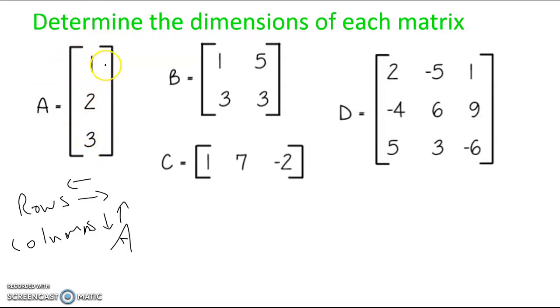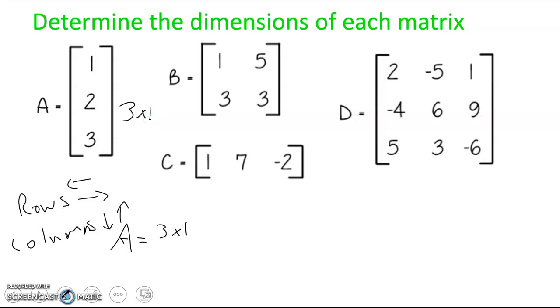Even though there's only one thing in these rows, we would consider these to be 3 rows with 1 column. Remember the rows are first, so we'd have 3 by 1. So the dimensions of A would be 3 by 1.